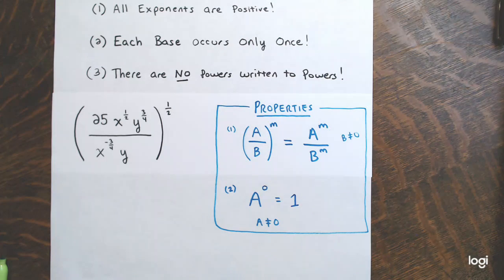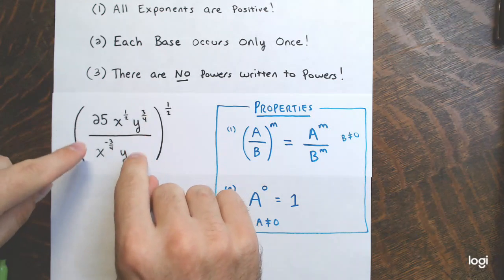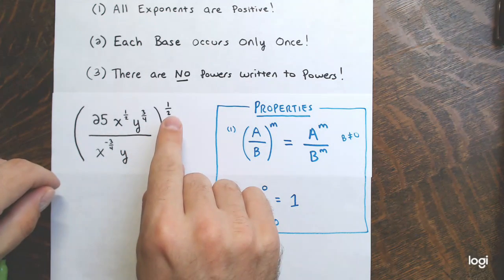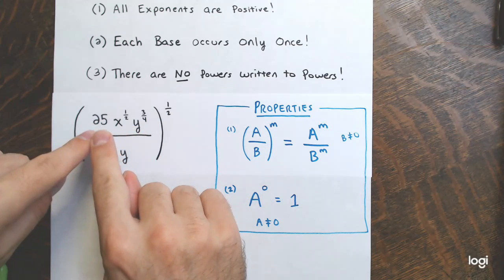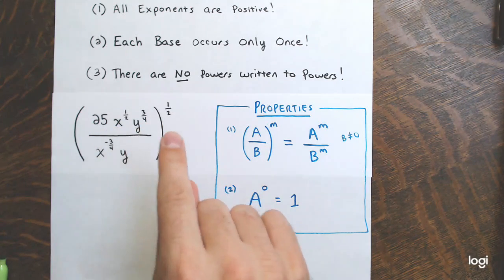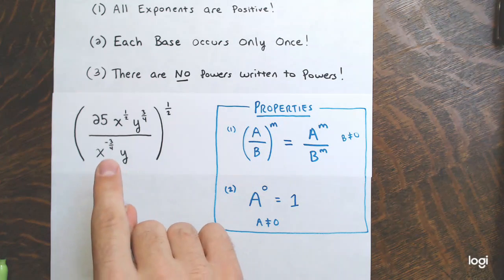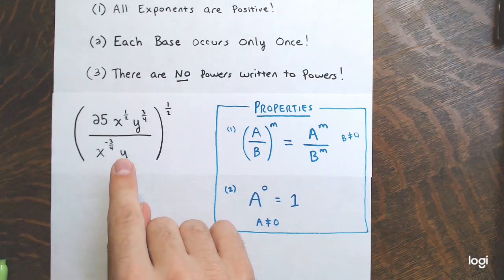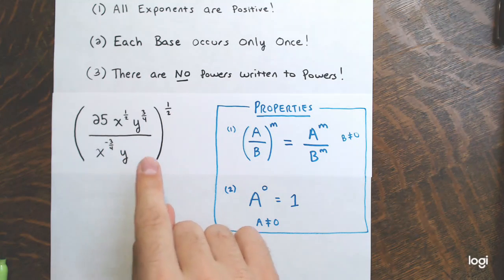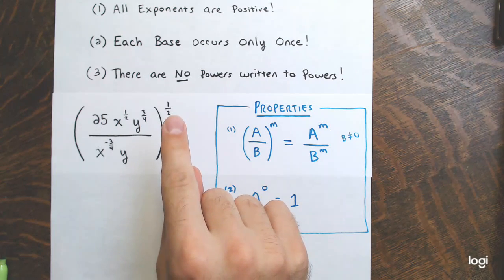Okay. So this example here, do you see I have a fraction to a power? This 25 times x to the half times y to the 3/4, that is like the a here, the numerator, and this x to the negative 3/4 times y, that whole thing in the denominator, that's the b, and then the half outside is the m.